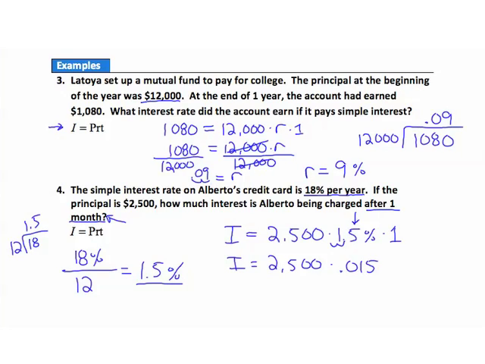Now all I need to do is multiply 2,500 times 0.015. When I do that multiplication, I get 37.5. So down here in the interest then, we want to write this as $37.50 is being charged on Alberto's account for 1 month.